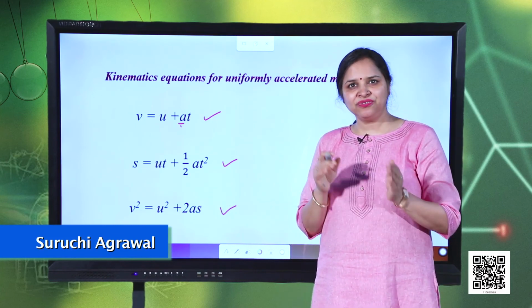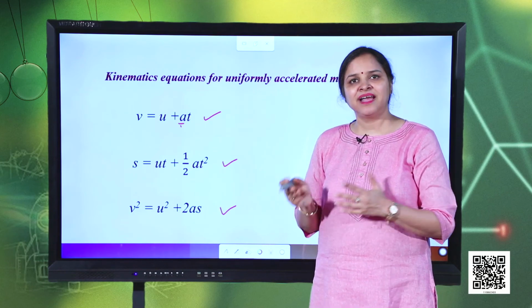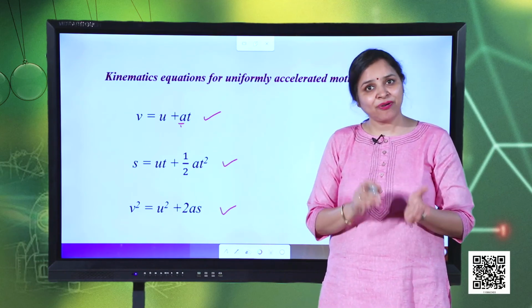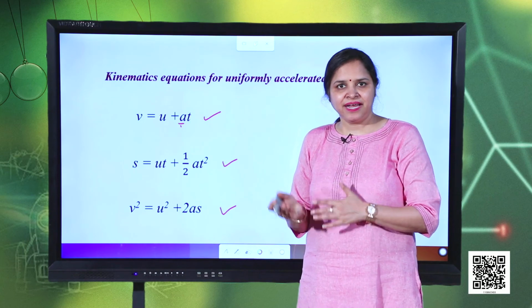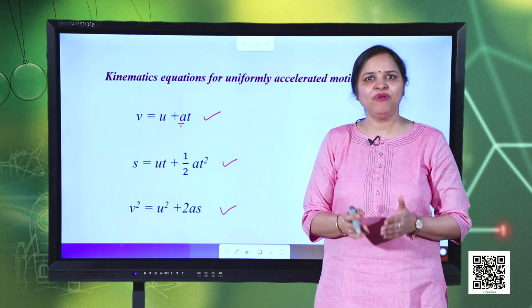So, we can use these three equations according to the requirement, according to the given situations in various examples of uniformly accelerated motions.